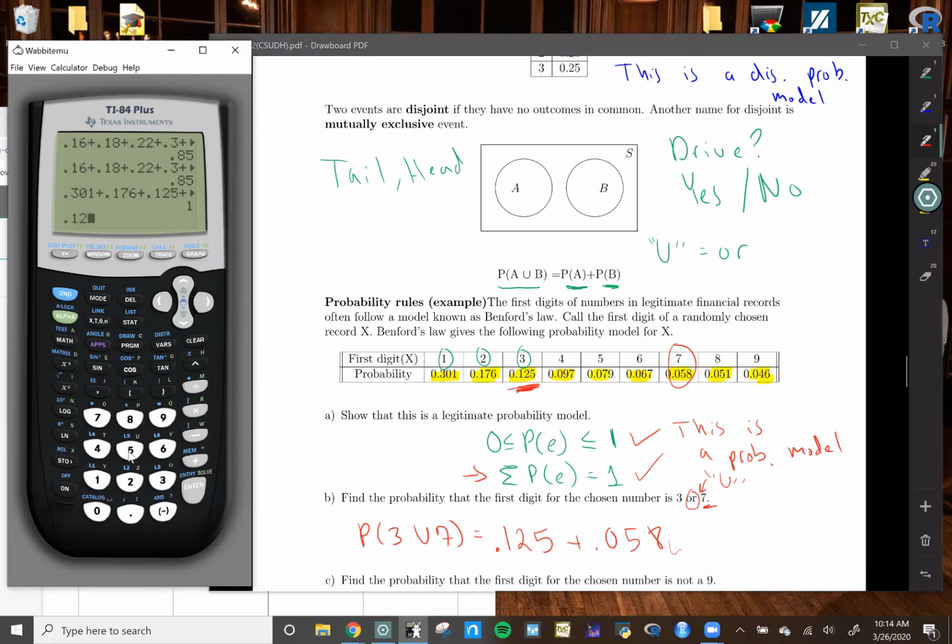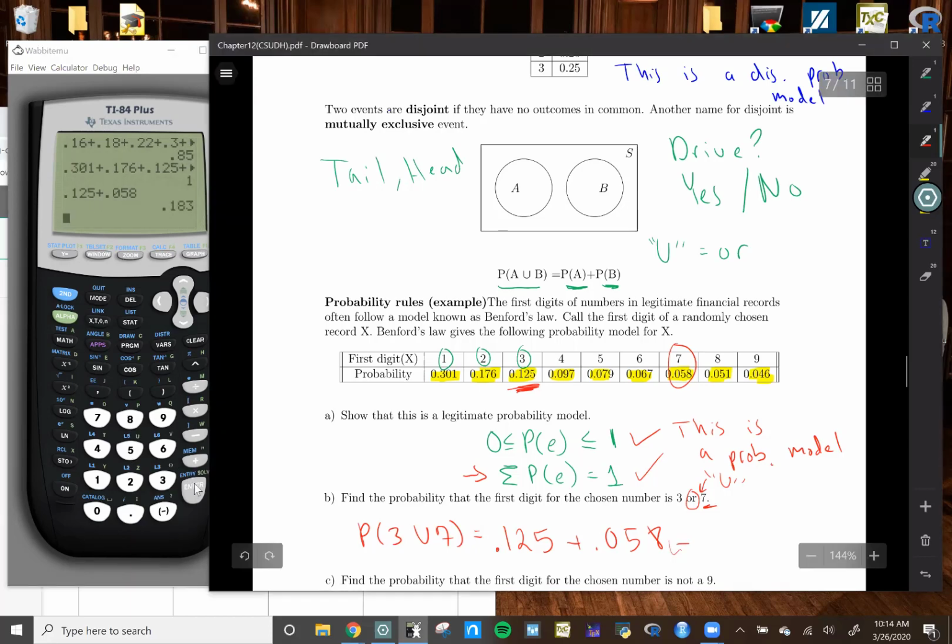So say 0.125 plus 0.058. We add them up, and we get 0.183. And that's it for B. Any questions for B? You just basically add them.